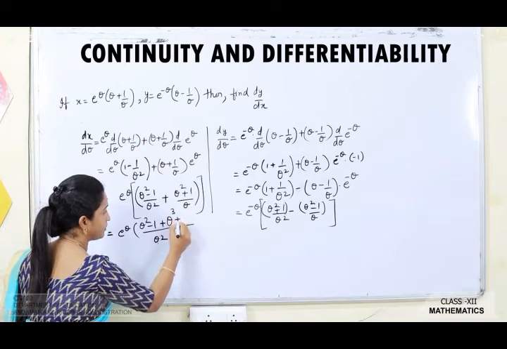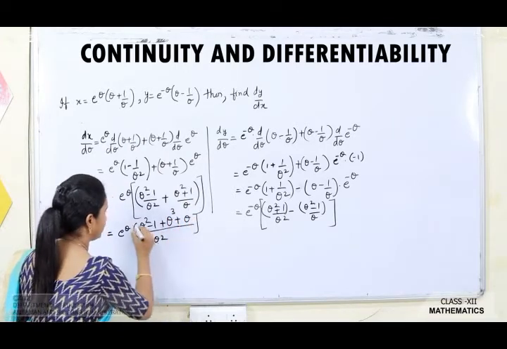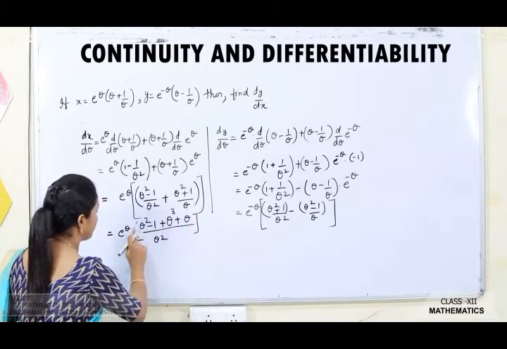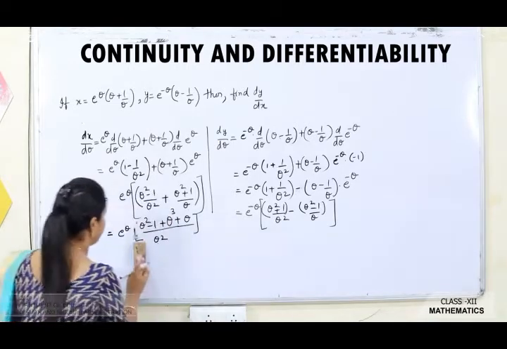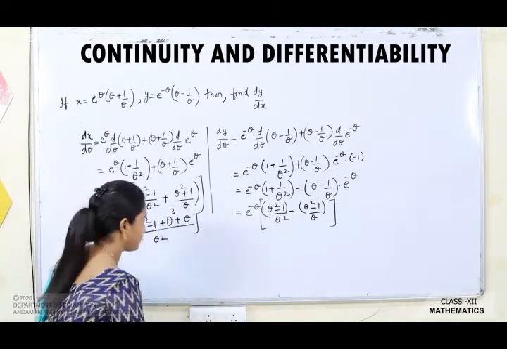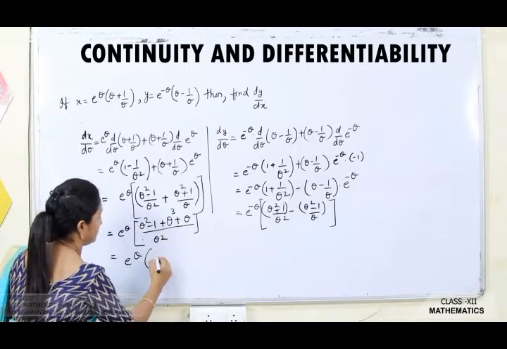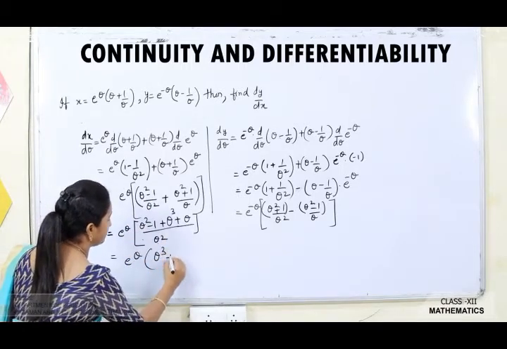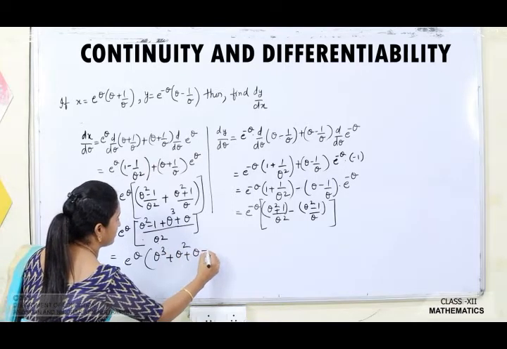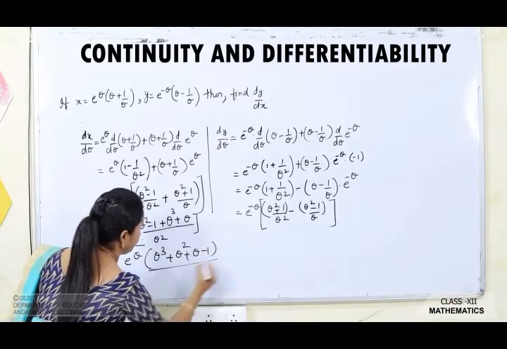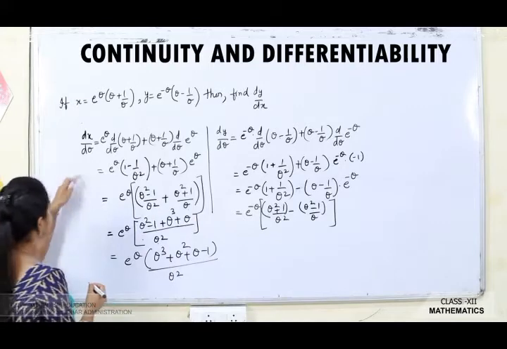So, theta cube plus theta, correct. So, finally, you are going to get here e power theta, we will arrange it theta cube plus theta square plus theta minus 1 by theta square. This is your actually dx by d theta.